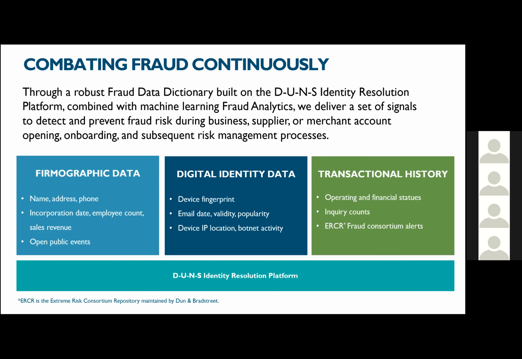And we also look into if we can find any fraud alerts from DNB's proprietary fraud consortium. We call it ERCR. And as some of you may already know, ERCR is also called Extreme Risk Consortium Repository.